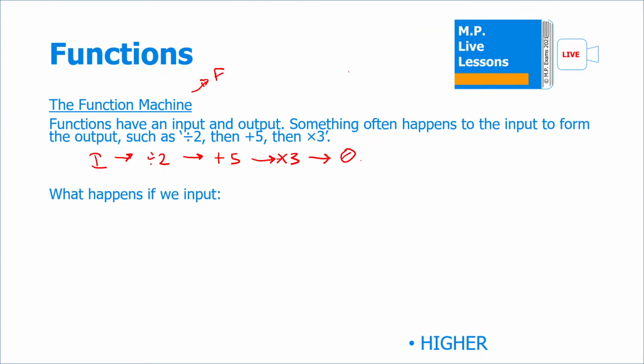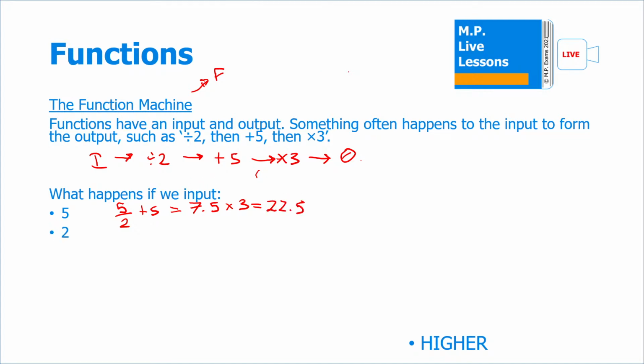What happens if we input 5? We divide by 2 first, then add 5, that would get us 7.5, times by 3, then we get at the end 22.5.